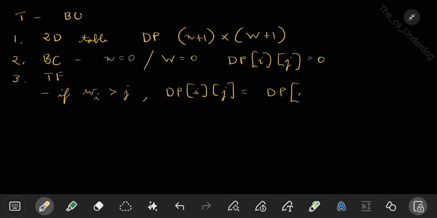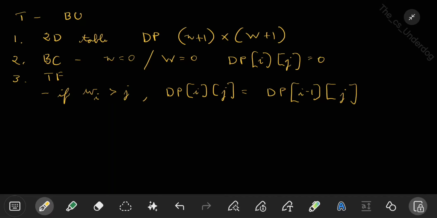So dp[i-1][j], whatever you got with i-1 items with a total capacity of j. So this is the way you write it in matrix form. In case the weight of the ith item is greater than j, dp[i][j] is equal to dp[i-1][j]. That is, without the ith item, with i-1 items, if the total capacity is j, what is the maximum profit possible?